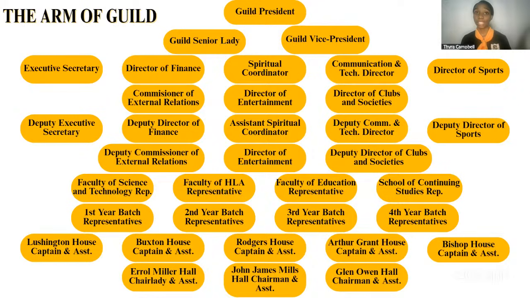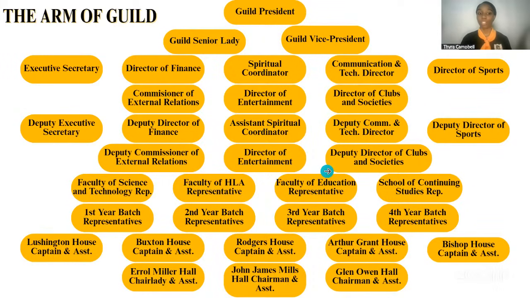Our spiritual coordinator organizes spiritual activities, mentorship, and promotes moral and ethical growth. Our communication and technology director is here to manage internal and external communications and maintain technological systems. Here, we also have our director of sports, who plans, coordinates, and supervises sports events and athletic programs.